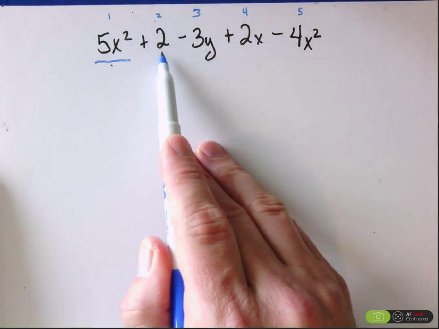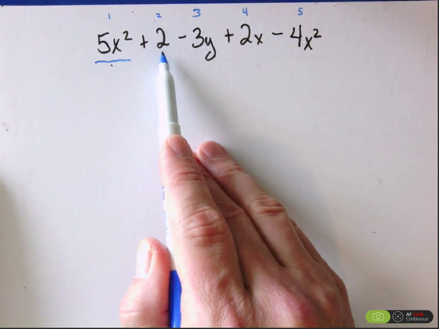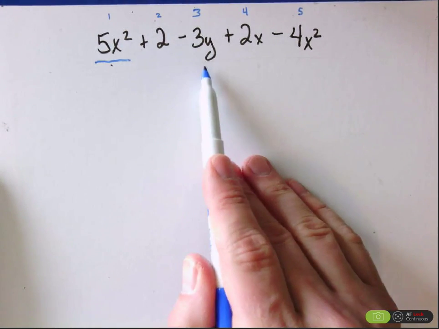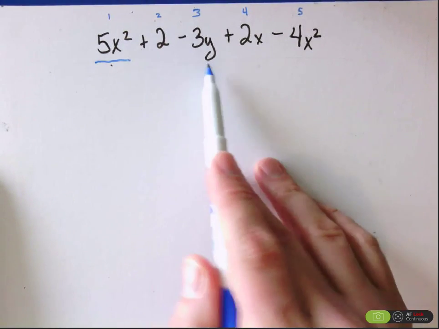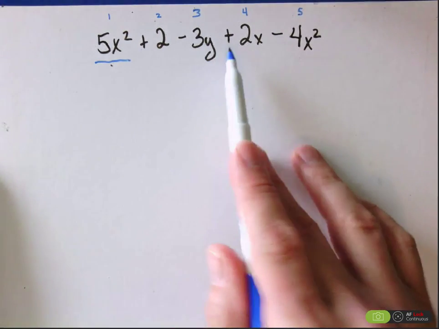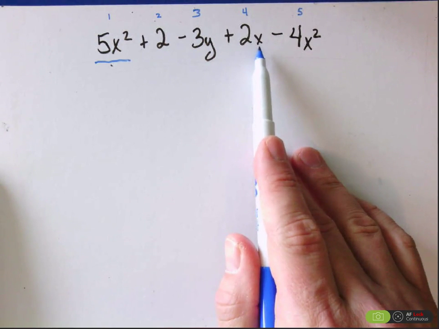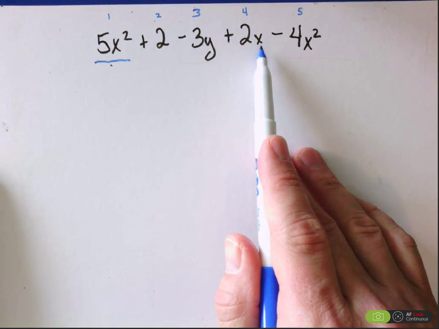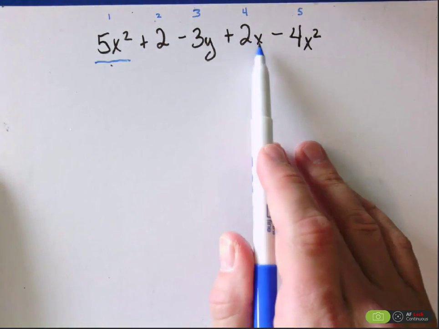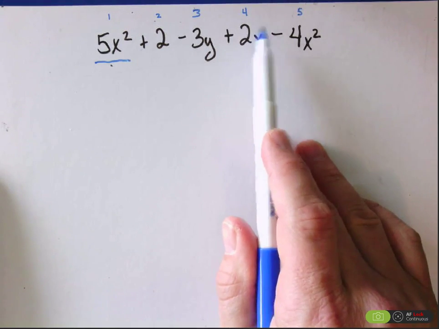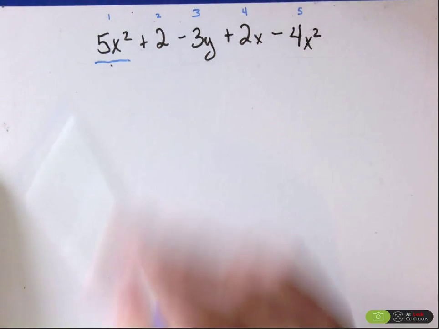Well, 2 is a constant, so it does not have a variable in this term. Minus 3y. Y is the variable. Well, that's not x, so we can't combine that. How about this one? Plus 2x. This is not a like term. The reason being, yes, both the variables are x, but this one is not raised to the second power. This one is, so they're not like.